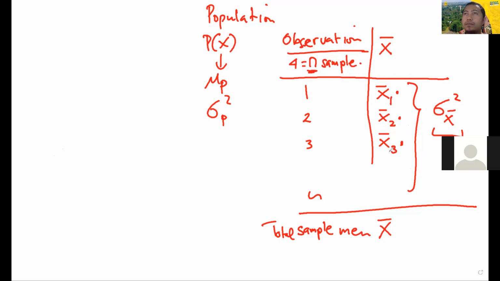And from this data we can draw a kind of probability distribution.